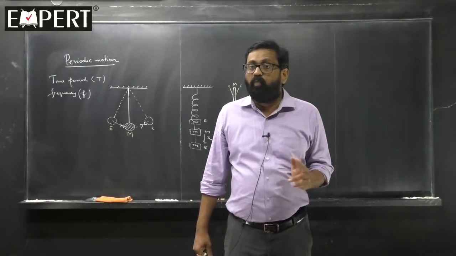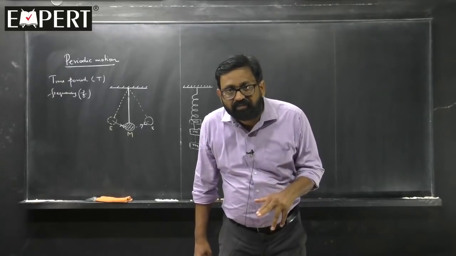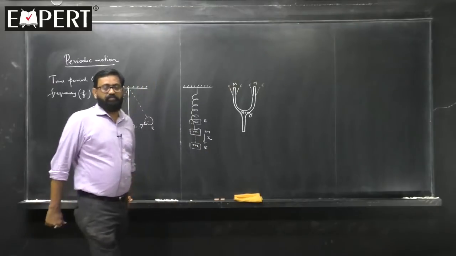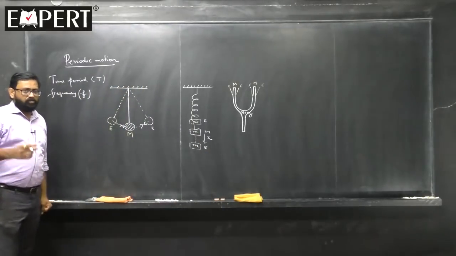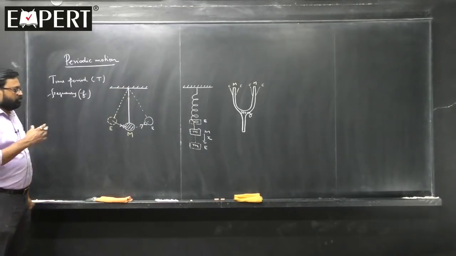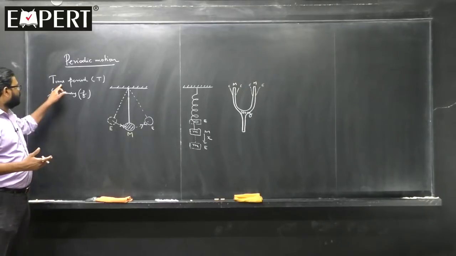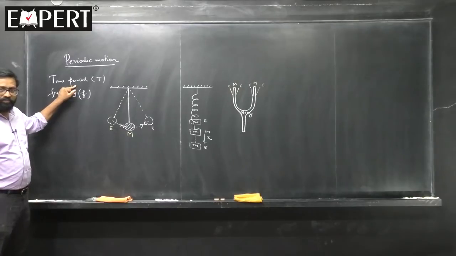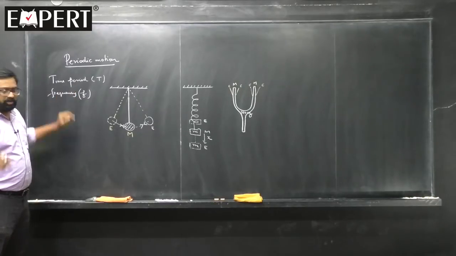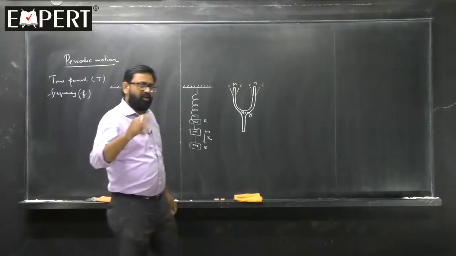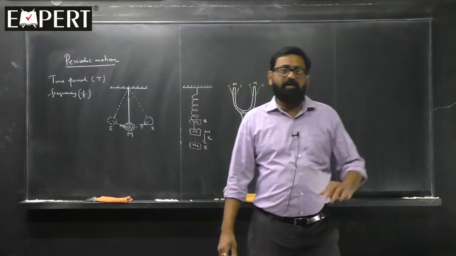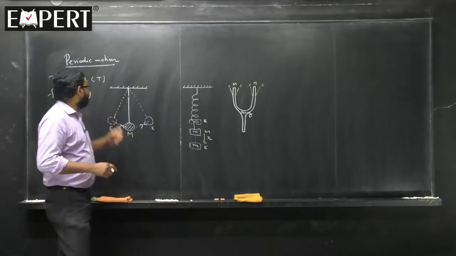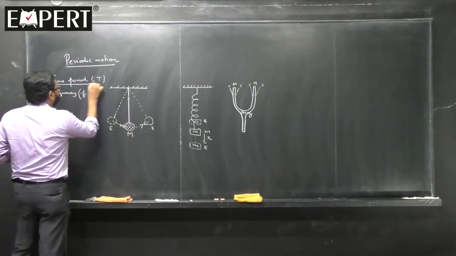Time taken to complete one cycle can be a time period of a periodic motion. Of course, you use one word, that is enough. You need not repeat the same thing a number of times. The time period of a periodic motion is the time taken to complete one revolution, or one rotation, or one oscillation, or one vibration, or one cycle. That is called the time period of a periodic motion.